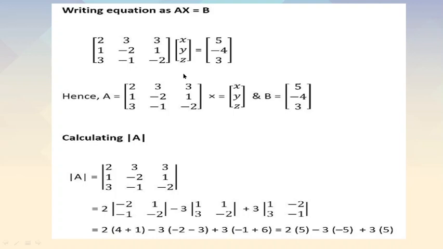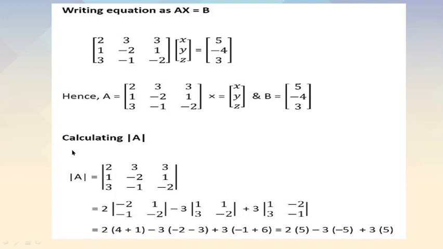X represents all the variables involved in the system, and B matrix represents all the constants normally written on the right side of the equation. So now these three matrices are ready: matrix A, matrix X and matrix B.